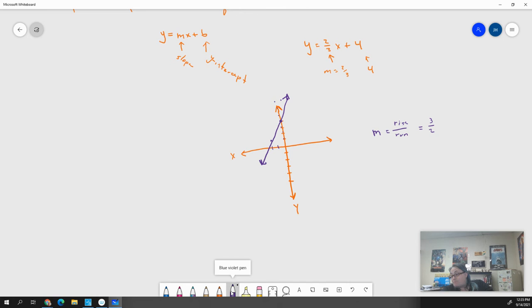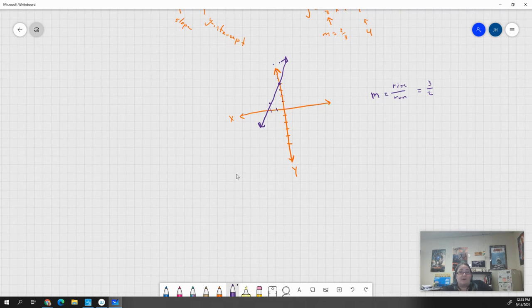So there's a couple things that we need to know when we're using slope-intercept form. One is, how do we find a slope? Does anyone remember how we find a slope?